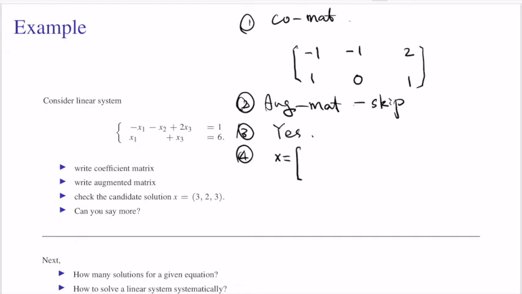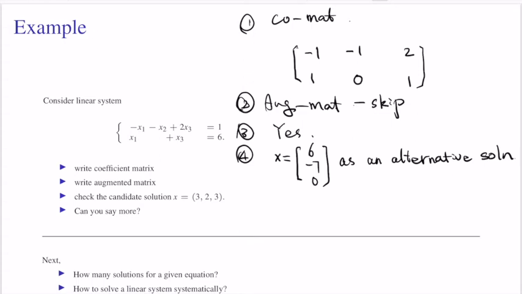So we can think of 6, -7, and 0 as an alternative candidate solution, and if you put 6, -7, 0 into both equations, we'll see it satisfies.